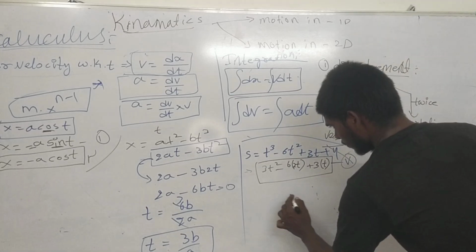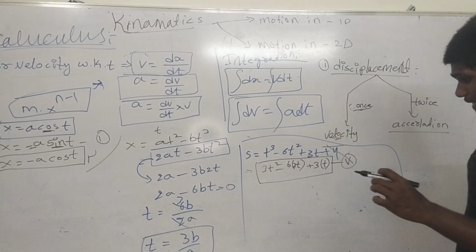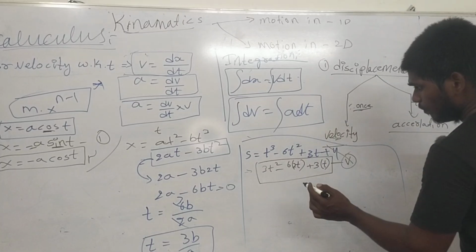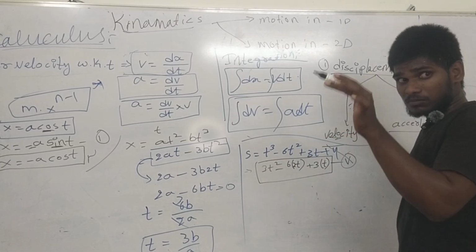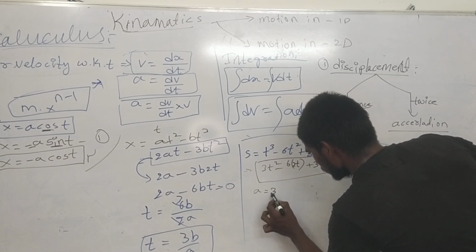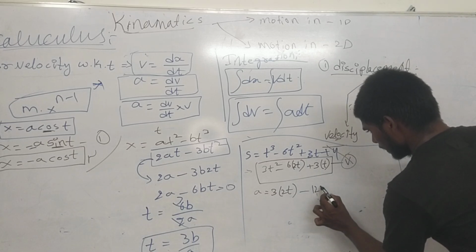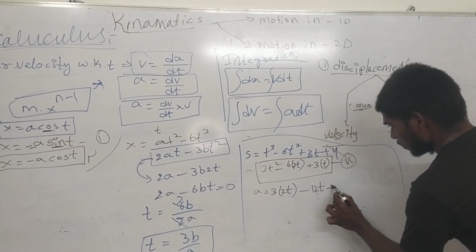So bring the acceleration now first. At what time is the acceleration 0? First, at which time will the acceleration become 0? a is equal to 3 into 2t, 6t minus 12 plus 3.